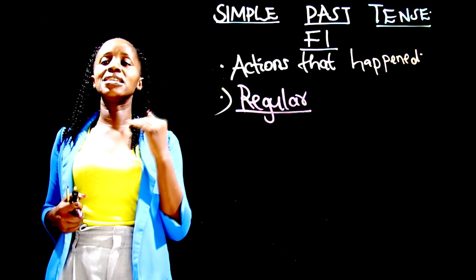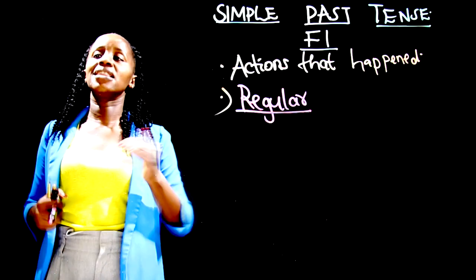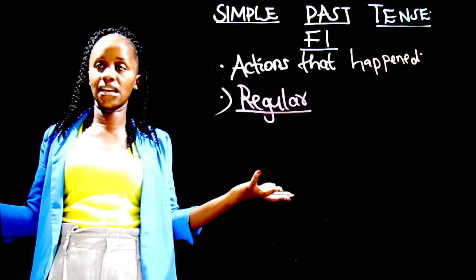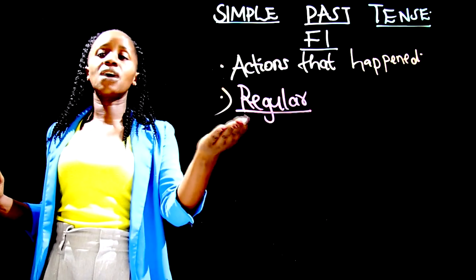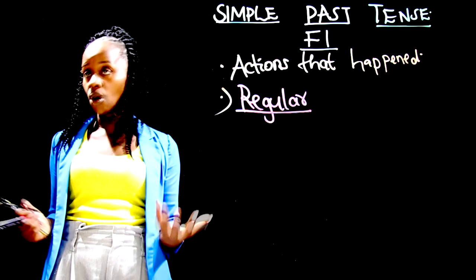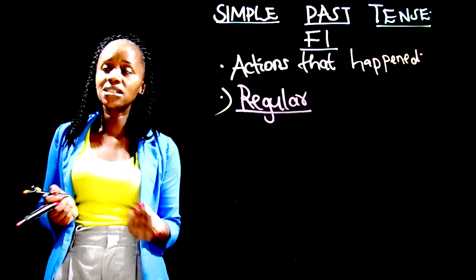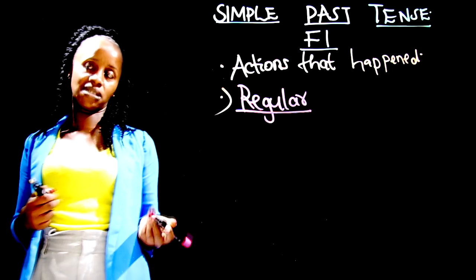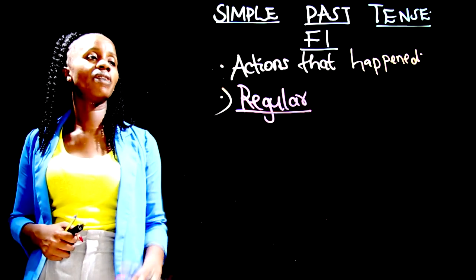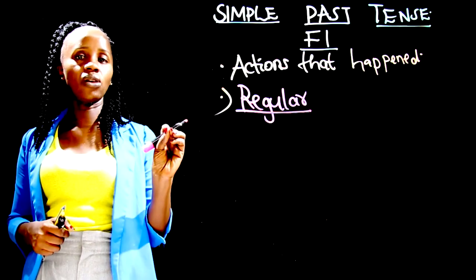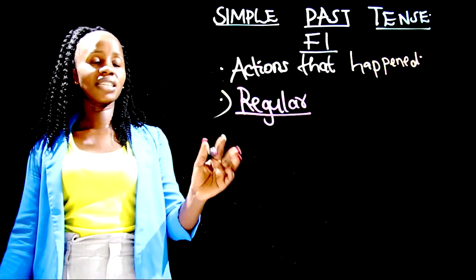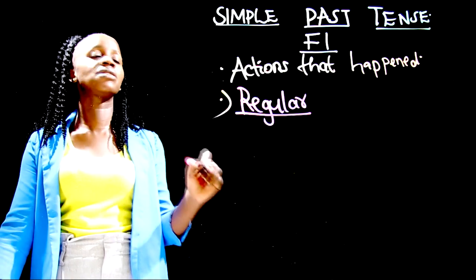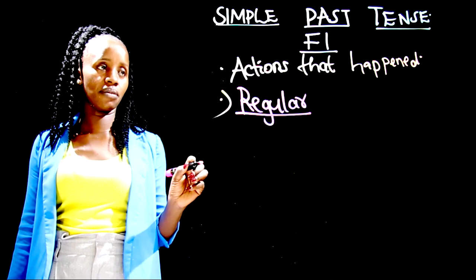If you hear the word regular, this means these are things that are common, things that we experience every day. So regular verbs are verbs that we are comfortable with, the ones that we comfortably use on a daily basis. So what happens when you're writing the simple past tense of regular verbs?